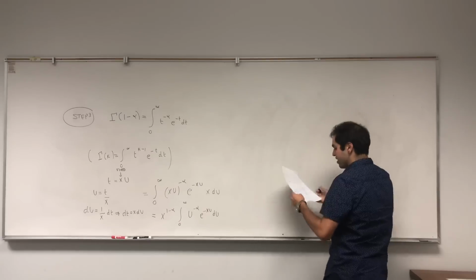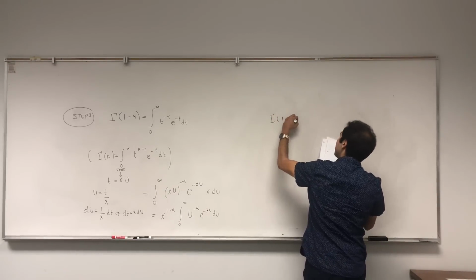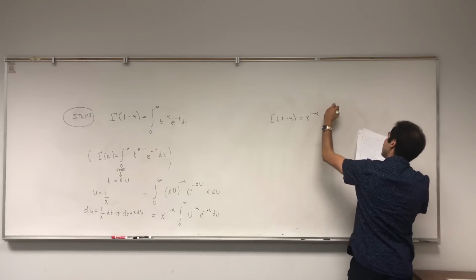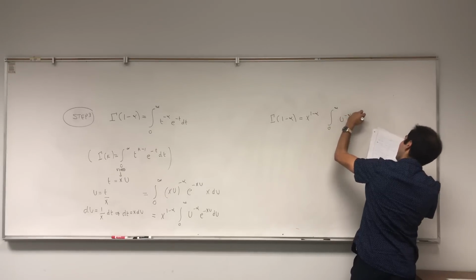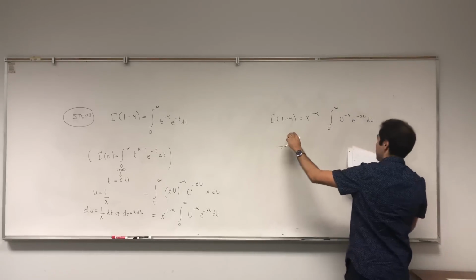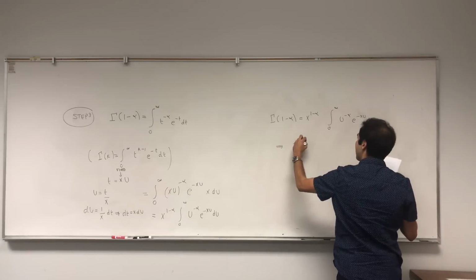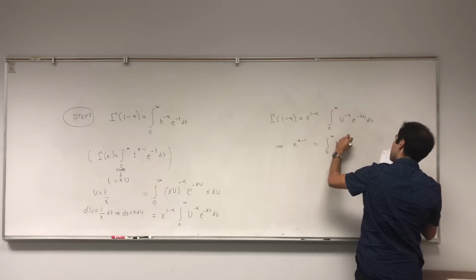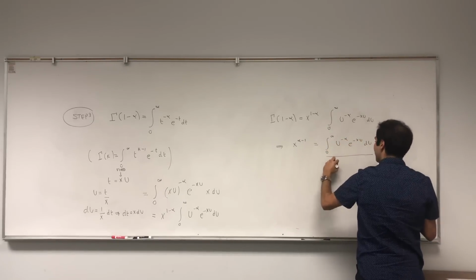So what do we get? We get gamma of 1 minus alpha equals x to the 1 minus alpha times this weird integral, 0 to infinity of u to the minus alpha e to the minus xu du. And so, if you divide, you eventually get x to the alpha minus 1 equals this weird integral, the integral of u to the minus alpha e to the minus xu du, over the gamma function.